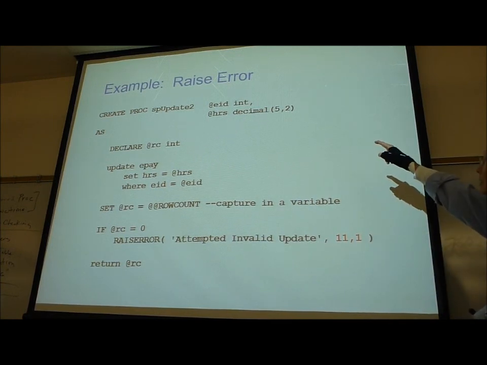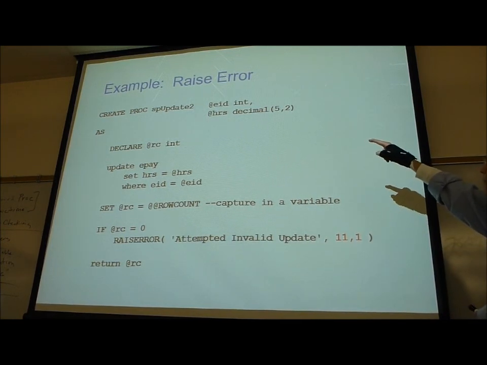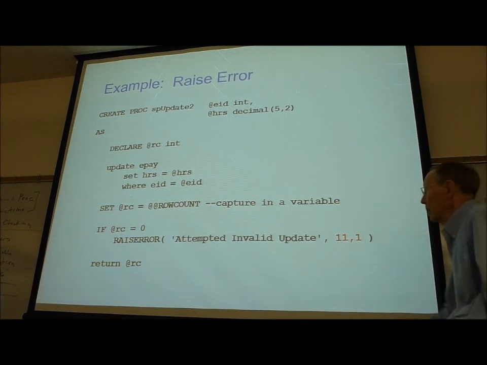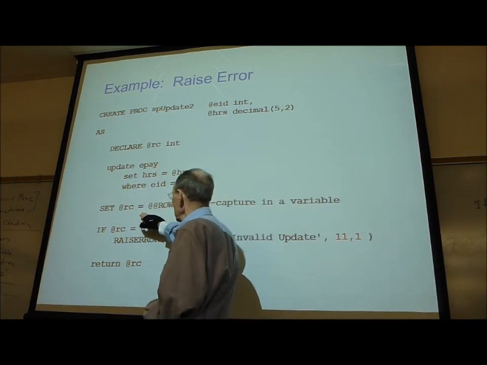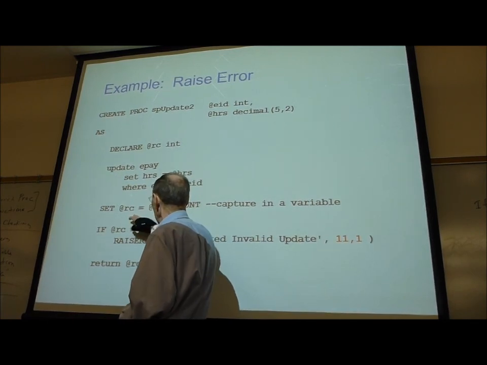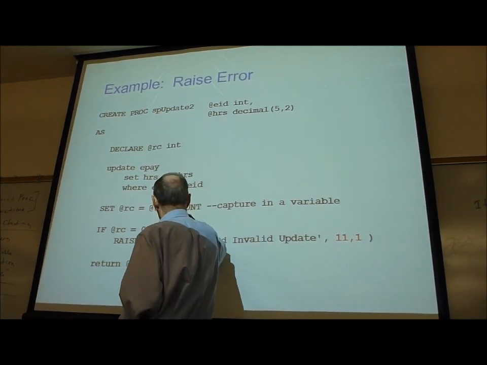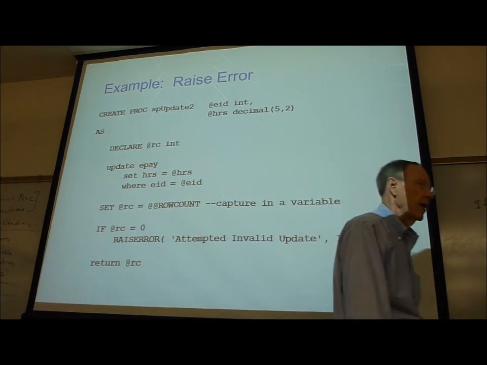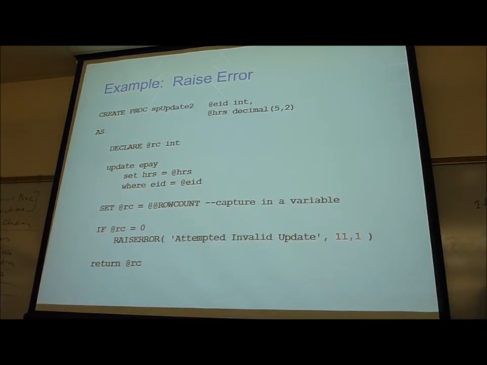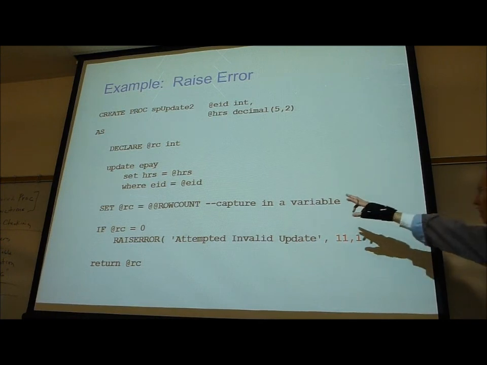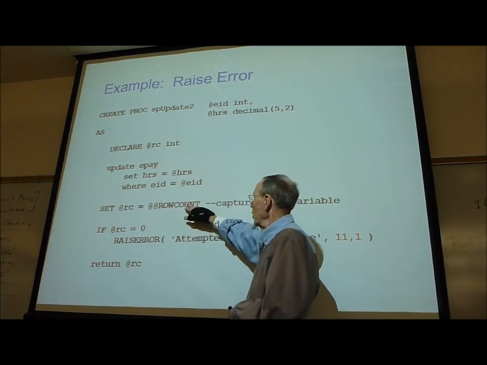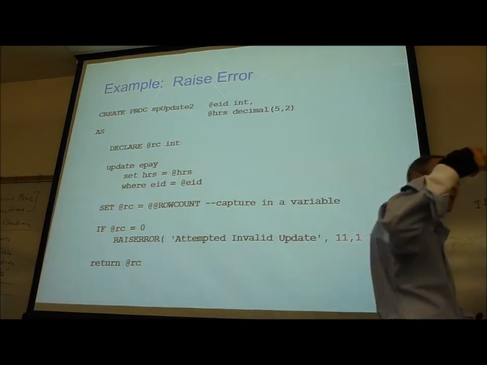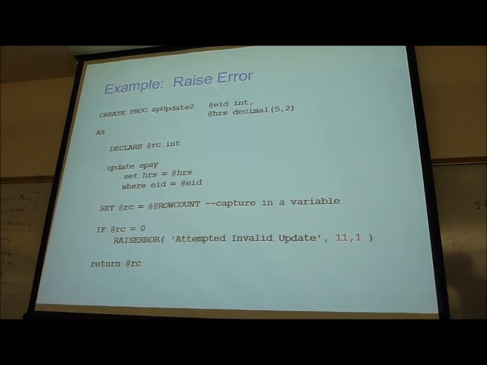Okay. So our procedure will be I'm going to update, and then I'm going to declare a variable. When we have a row count, this row count variable gets changed on every operation. So what we want to do is that right after the update, we want to be sure that we capture that value, because the next operation will change that.